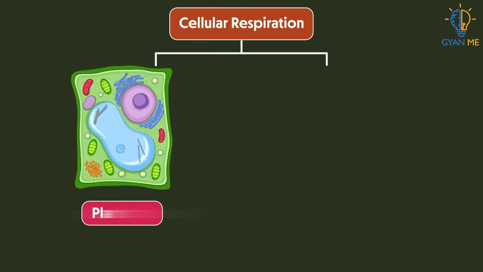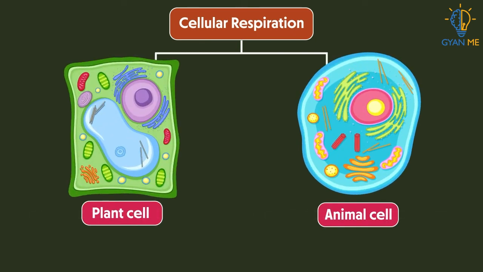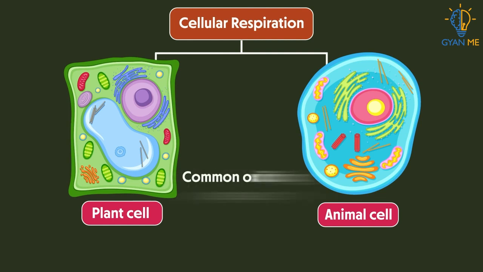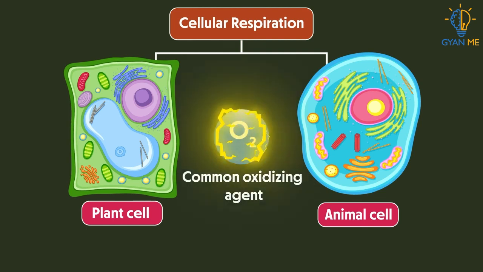The reactions of cellular respiration occur in both plant and animal cells. Nutrients that are commonly used by animal and plant cells in respiration include sugar, amino acids, and fatty acids. The most common oxidizing agent providing most of the chemical energy is molecular oxygen, that is O2.